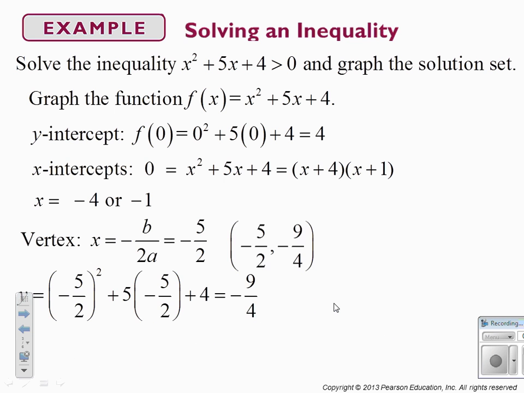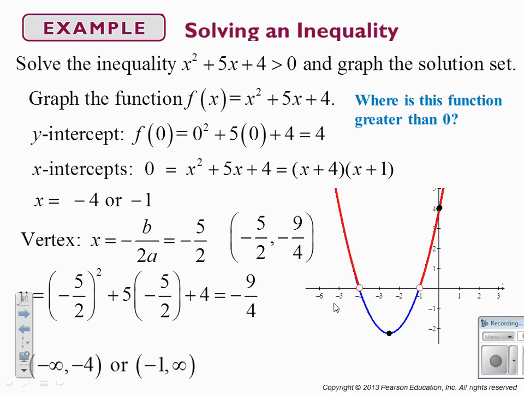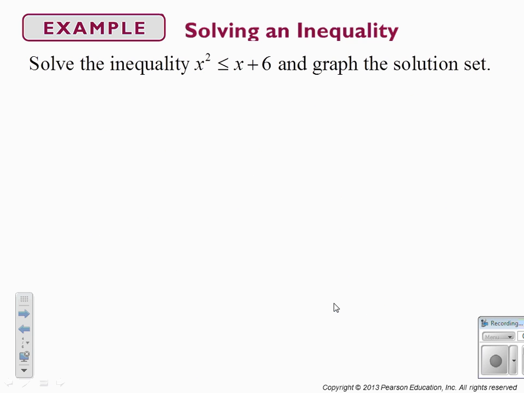All right. So we're going to do that again. But this time we're going to solve the inequality x squared less than or equal to x plus 6 and graph the solution set.